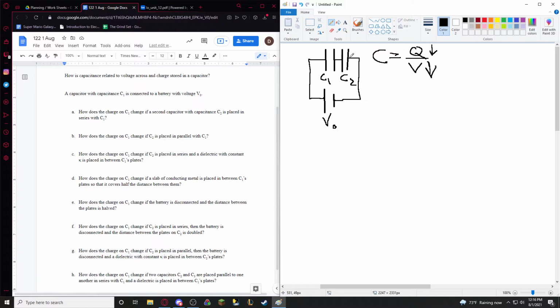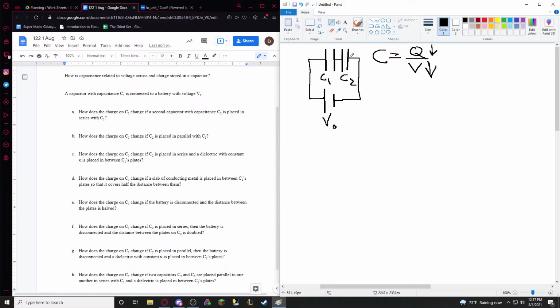Well, the only thing we know is the voltage would decrease. Do we have a way of figuring out how much voltage would decrease, at least in terms of C1 and C2? See, we know the capacitance has to stay the same, so we got that. And then with the voltages, crap, what's that?